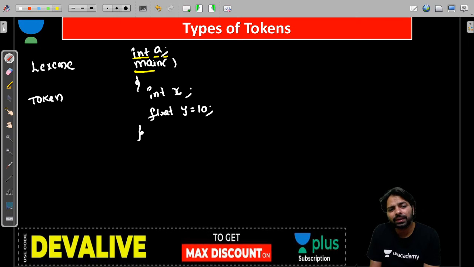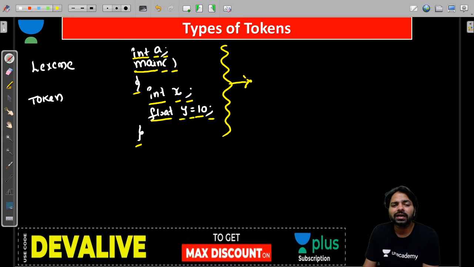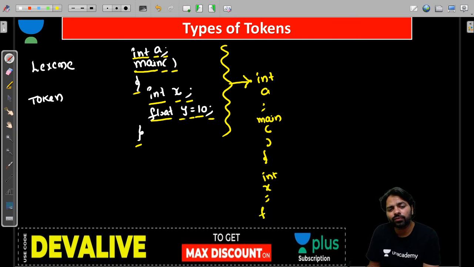What is this underline? It is detecting the tokens. When you give this to the lexical analyzer, it is going to produce int a semicolon and main open closed open bracket, and then int x semicolon float. It is going to produce the tokens.